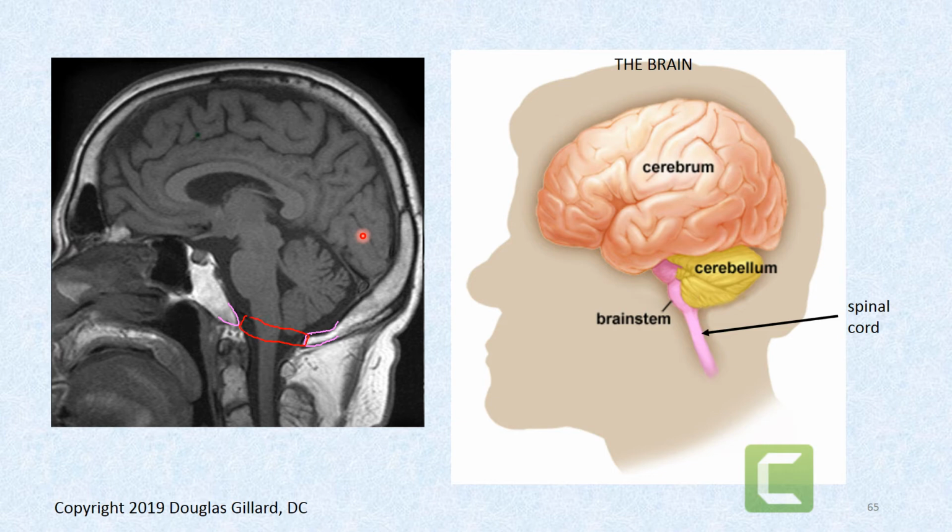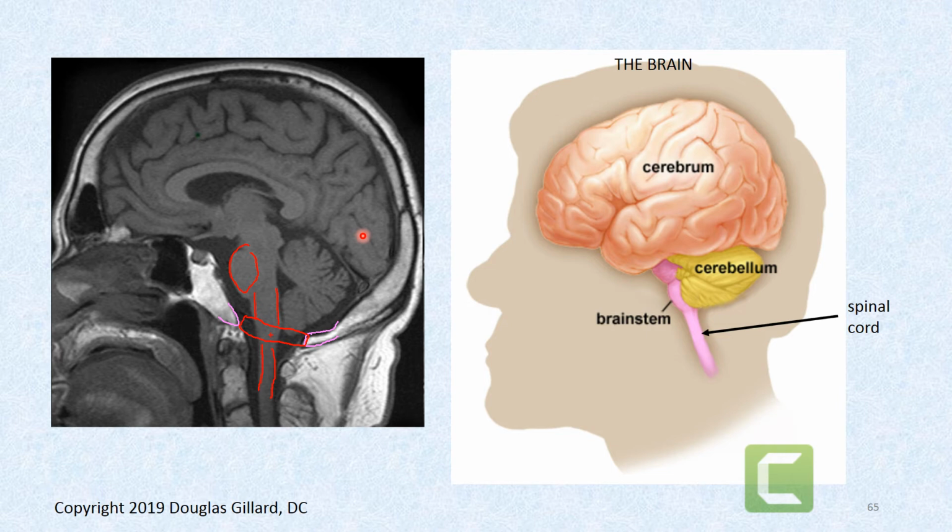There's a hole in the bottom of the skull. And oh look, here's your spinal cord, which we're going to look at in a second. There's the pons, part of the brainstem, and the medulla. It goes through the foramen magnum. So your spinal cord is connected to your brain via the foramen magnum.